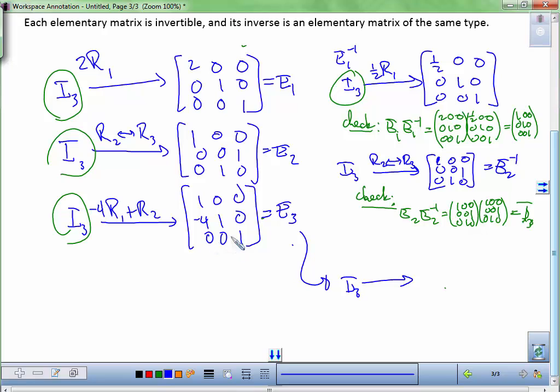So I'll take row 1, I'll multiply that by positive 4, and then I'll add it to row 2, and then replace row 2. So from the identity matrix, I'll take row 1, multiply it by positive 4, add it to row 2, and so row 3 doesn't change.